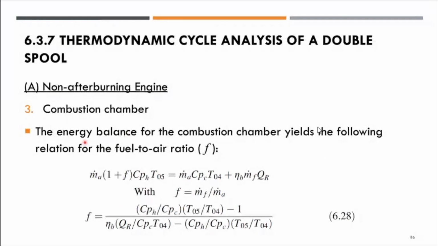And then the energy balance for the combustion chamber yields the following relation for the fuel to air ratio f. You can get the f component there, with the fuel to air ratio equal to the mass flow rate of the fuel over the mass flow rate of the incoming air of the aircraft.